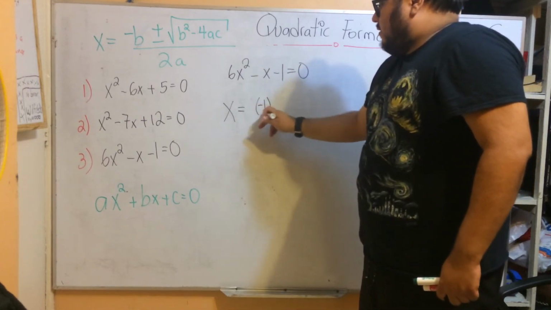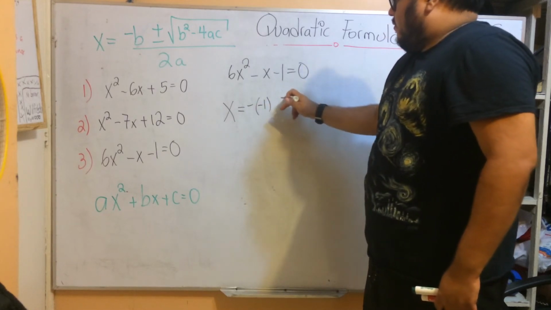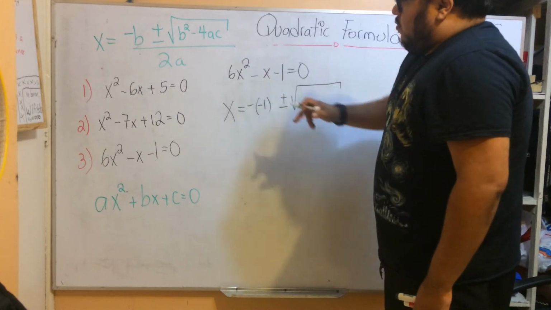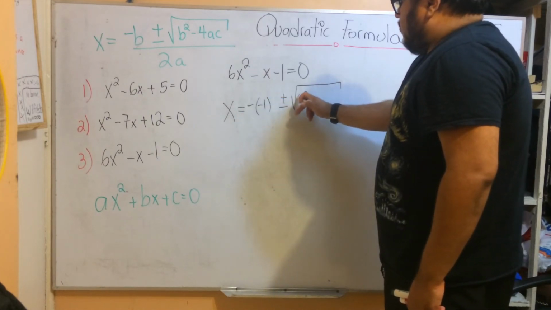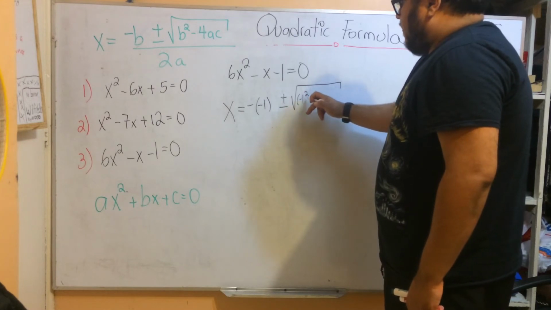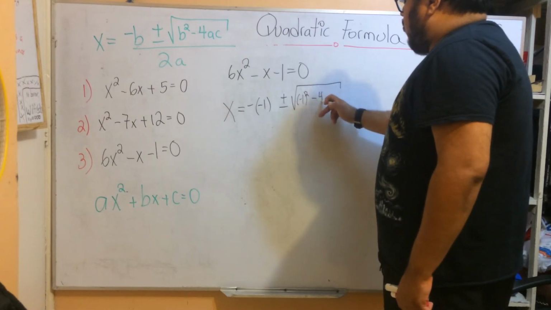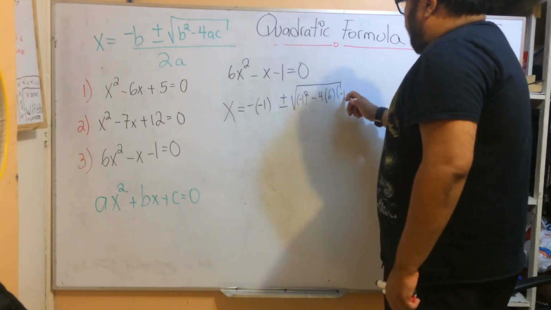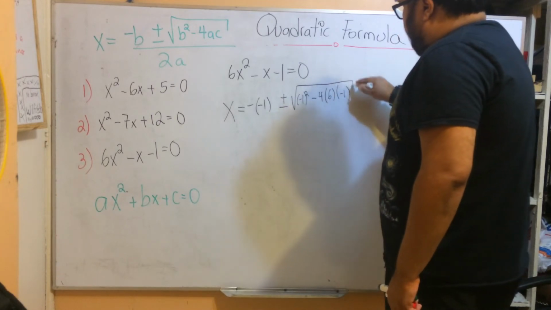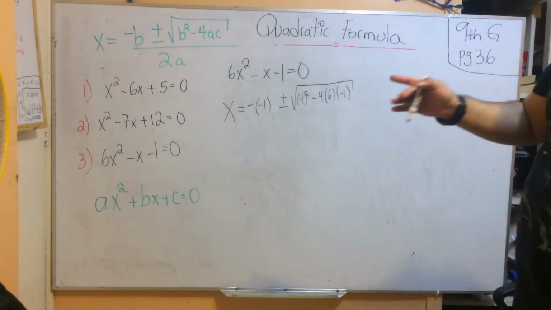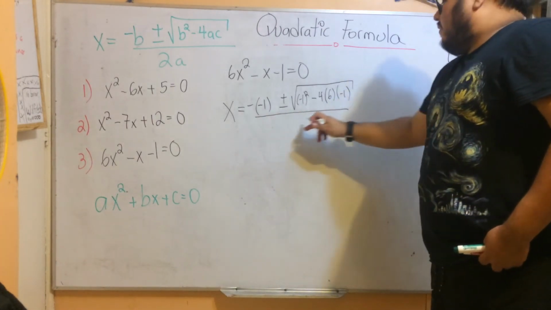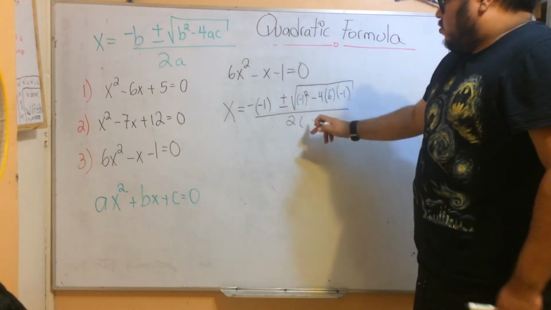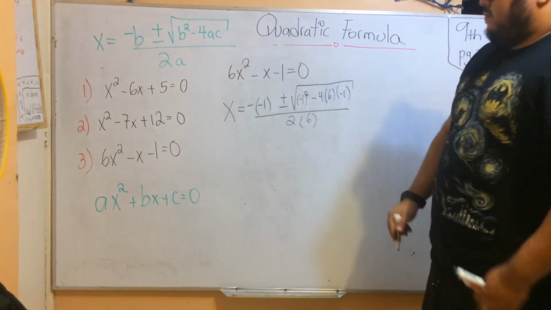So we have negative 1 times negative, plus or minus the square root of negative 1 squared, minus 4 times a times negative 1. And remember, inside a square root we cannot have a negative number. And 2a is 2 times 6.